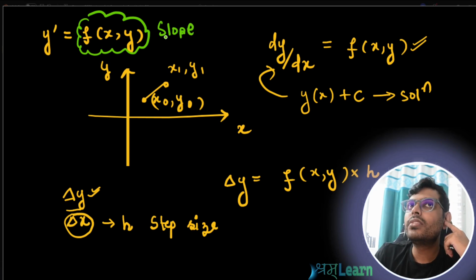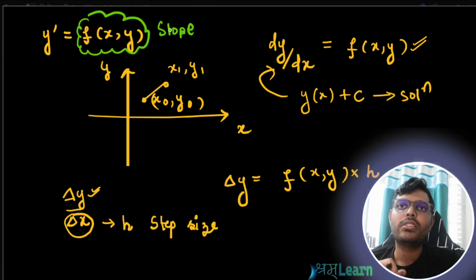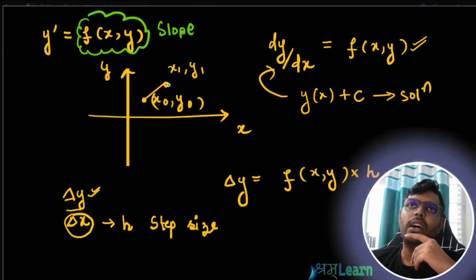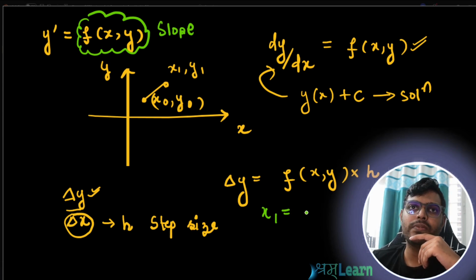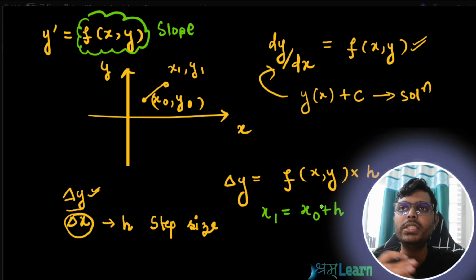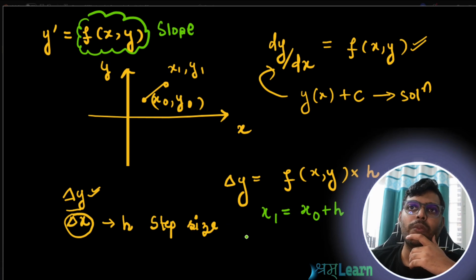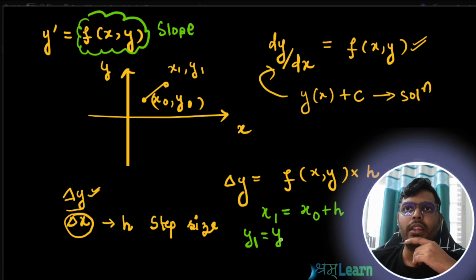Okay, so if we know x1, what is x1? x1 is basically x naught plus the step size, how much we want it to increase. And what is y1? y1 is nothing but y naught plus delta y.